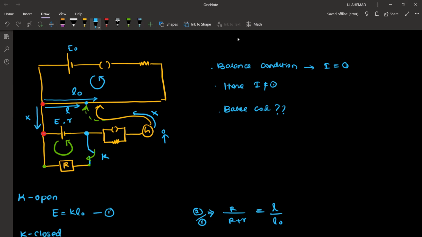That is why we get a balance point. Is that idea clear? Three of you? Or should I explain once again?